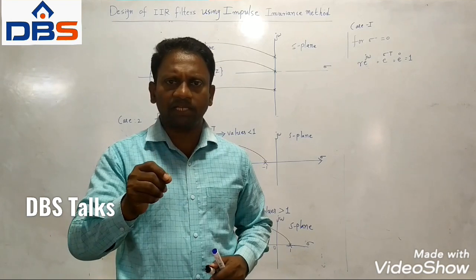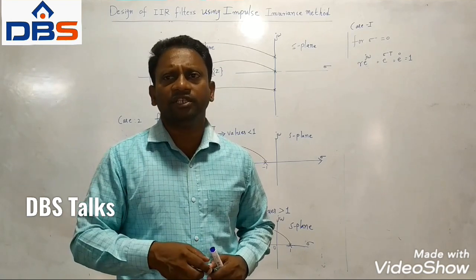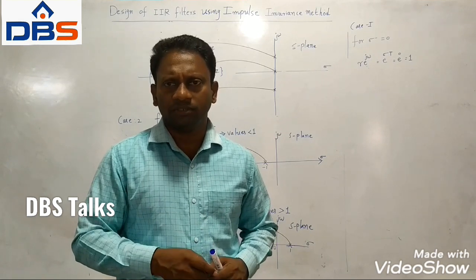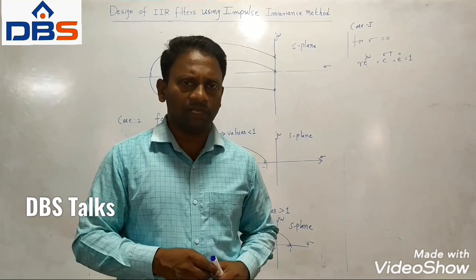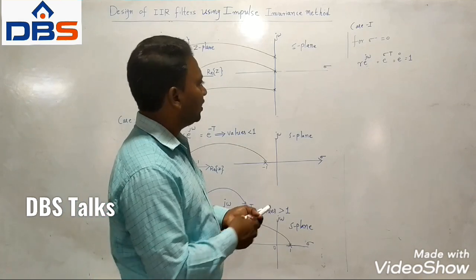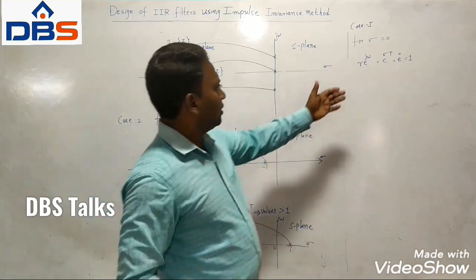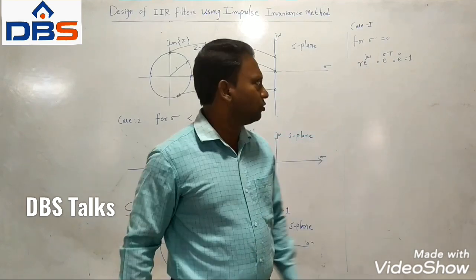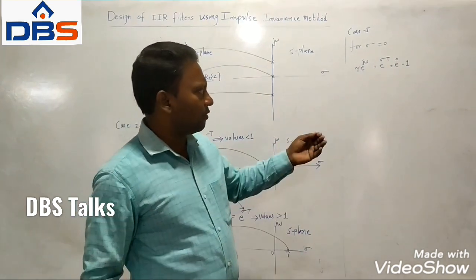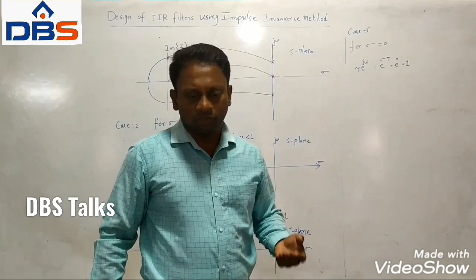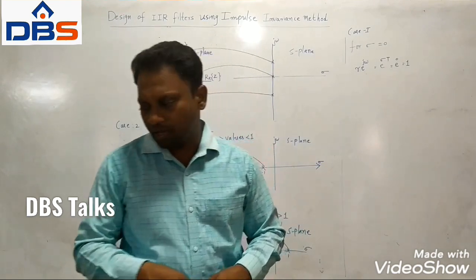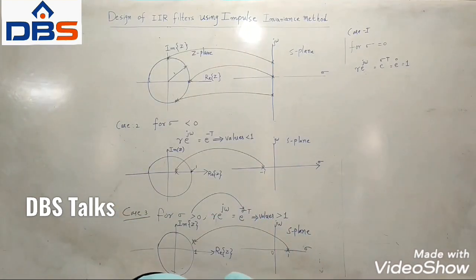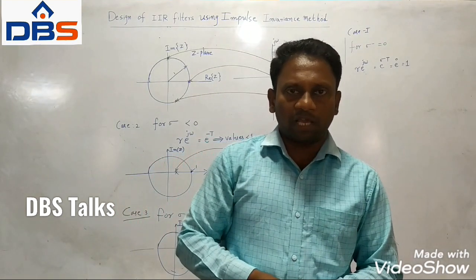Substituting z is equal to e power st, you get the digital filter transfer function, where r into e power j omega is r into e power sigma t, and e power 0 is equal to 1.